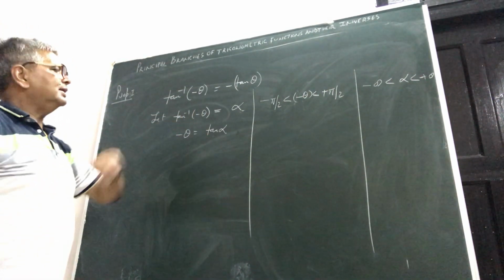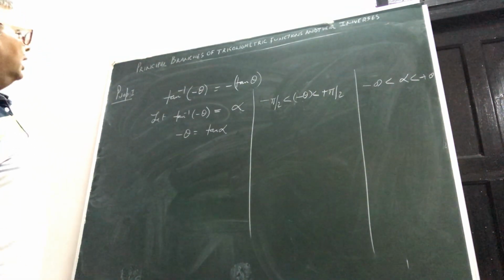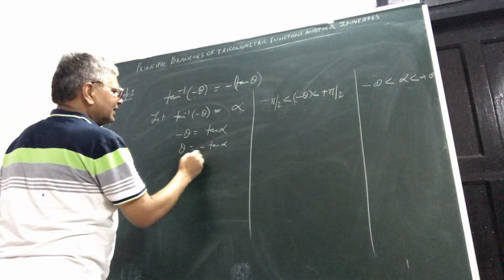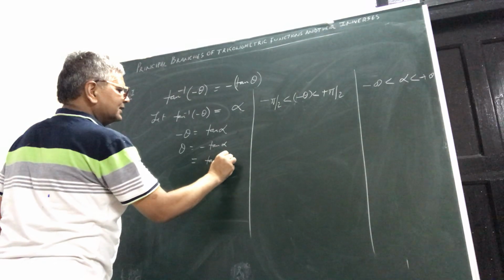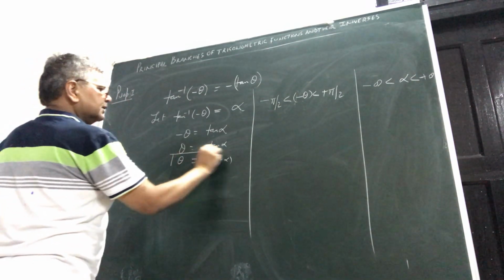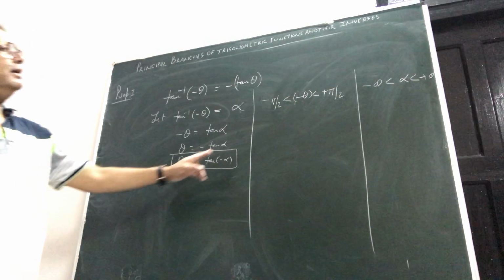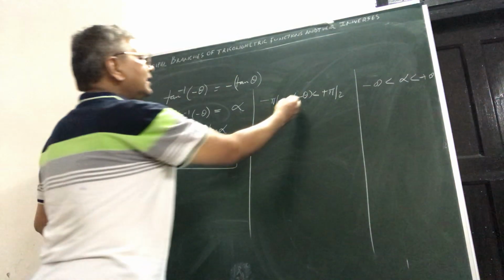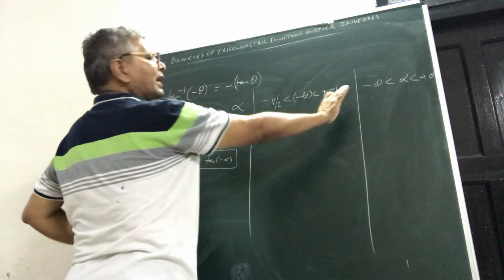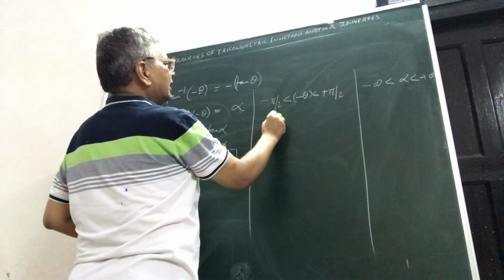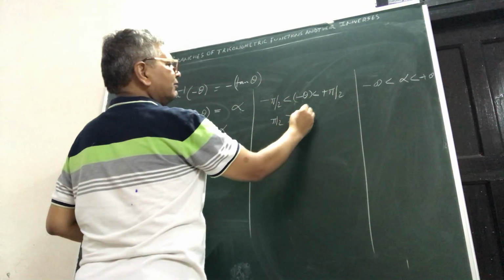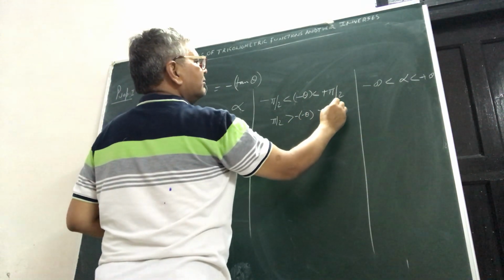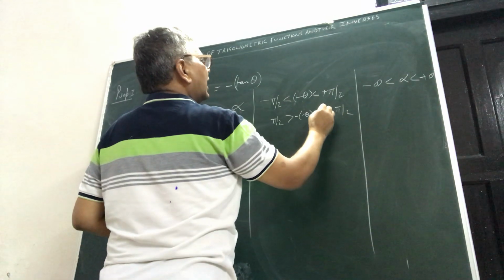Okay, minus theta is tangent alpha. Fine. Now see, so theta will be what? It is minus tangent alpha. And minus tangent alpha, what can you write? Tan of minus alpha. This is theta. Again, as I said, if minus theta is lying between minus pi by 2 to plus pi by 2, then just now you have seen that if you multiply this whole thing by minus, the inequality will change and it will become minus pi by 2 open interval.